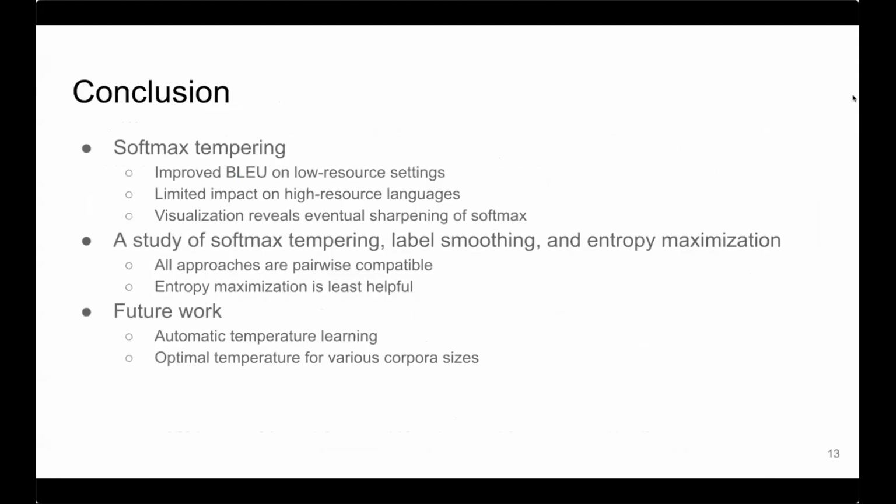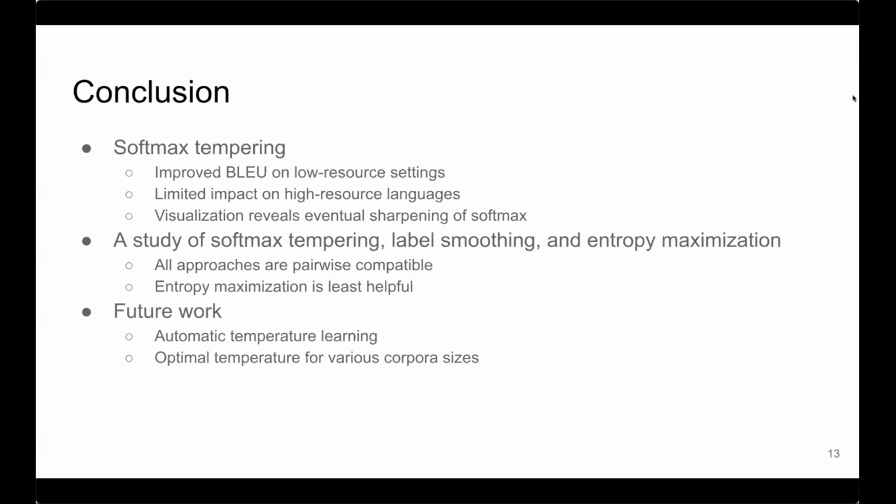In conclusion, we have presented our application of softmax tempering in neural machine translation, especially where we focus on low resource settings. We observed that there is a huge positive impact in low resource settings. On the other hand, although we have not discussed it in this presentation, there is a limited impact on high resource settings as well.